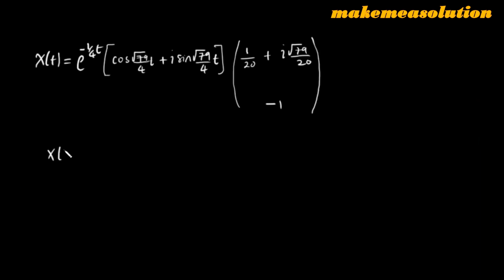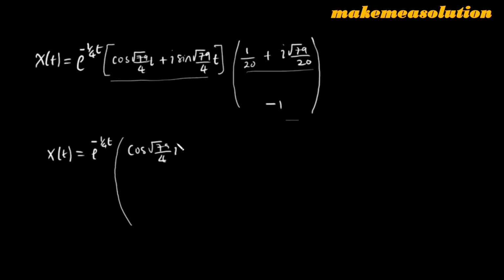So we are going to have x of t equal to exponential minus 1 over 4t, then when you multiply these two terms, you distribute it to these two vector terms, you're going to have something like this: cos root 79 over 4 t, then plus i sine root 79 over 4 t multiplied by 1 over 20 plus i root 79 over 20.